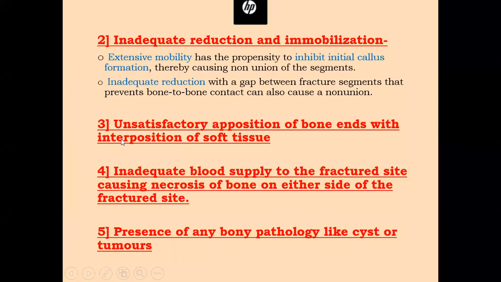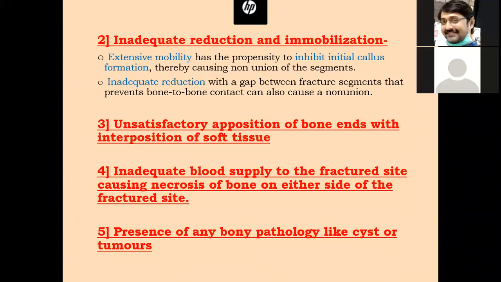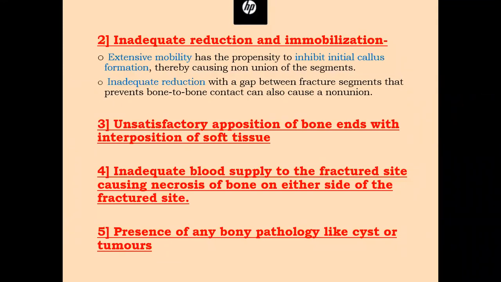Now the third point is unsatisfactory apposition of the bone ends with interposition of soft tissues. If any soft tissue, like a muscle or tissue part, comes in between those two bony ends, it does not allow the two bone ends to grow back or unite together. Then inadequate blood supply to the fractured site, causing necrosis of the bone on either side of the fracture.